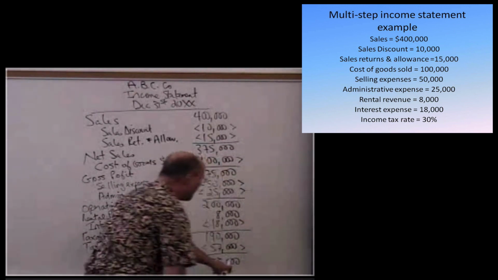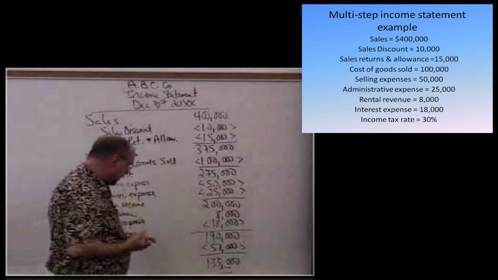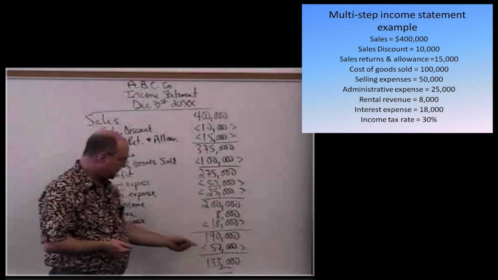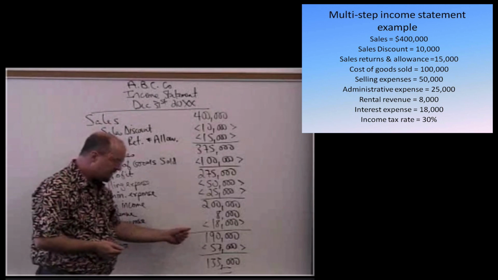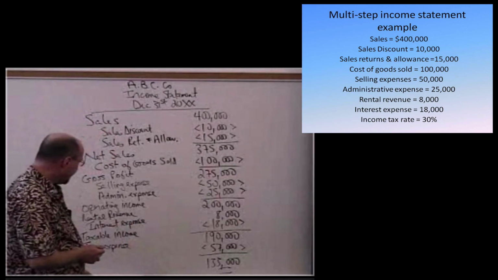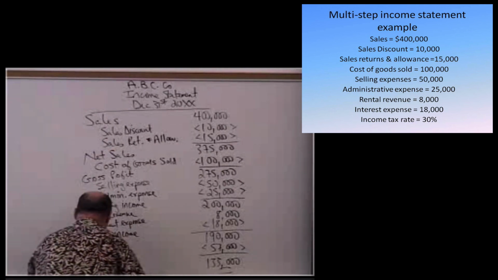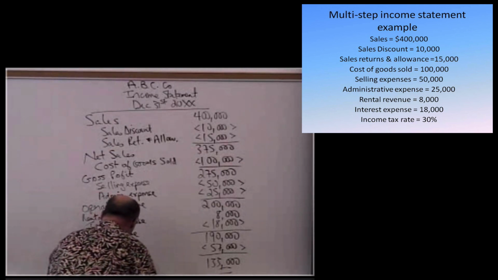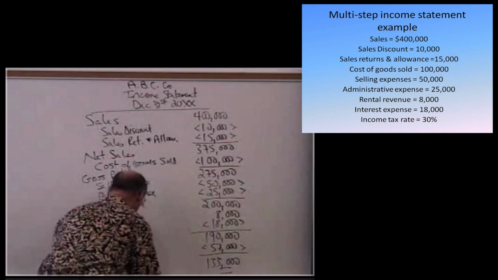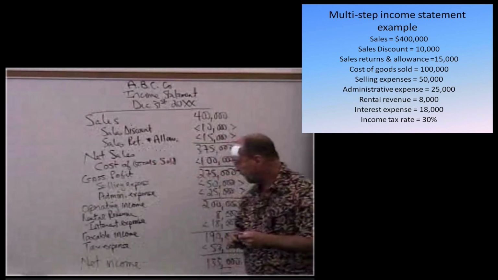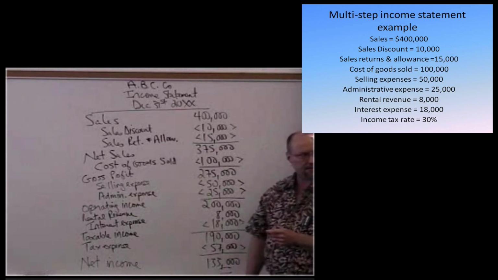And I'm going to double underscore. Okay, so we subtract our income tax expense from taxable income, and that leaves us with net income, the bottom line. Okay? So we have net income of $133,000.